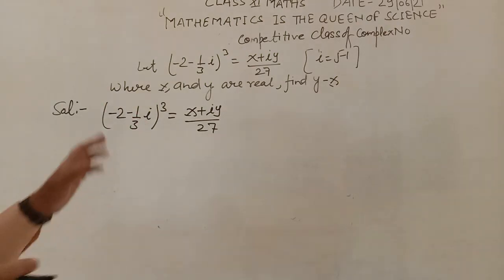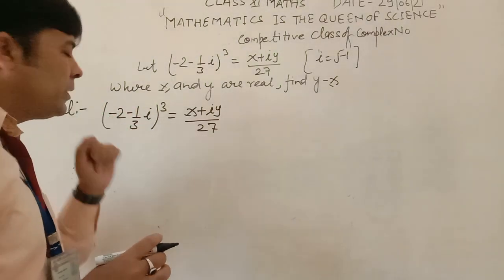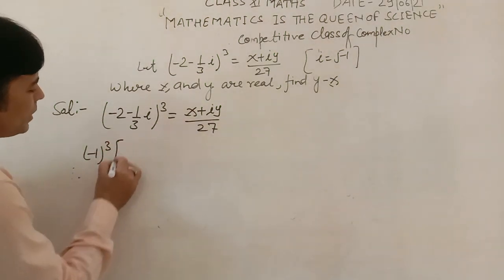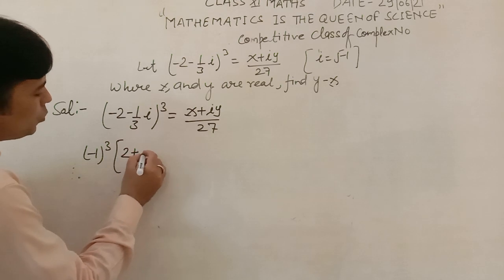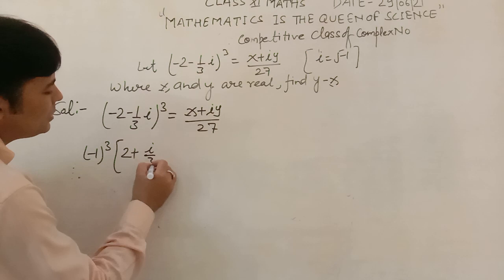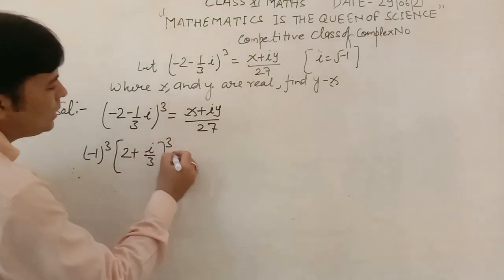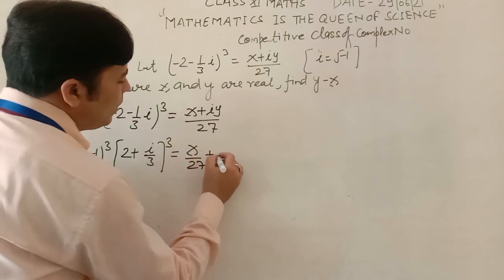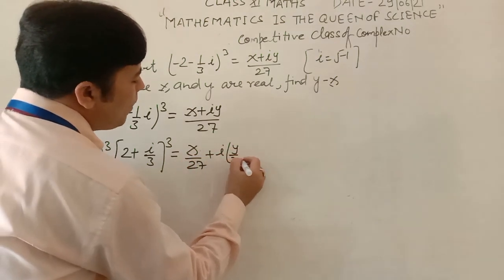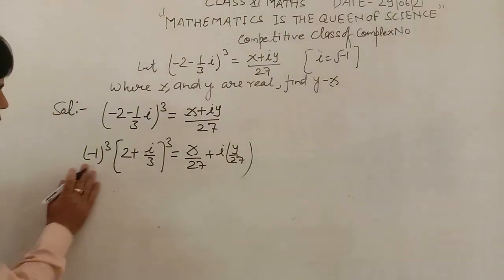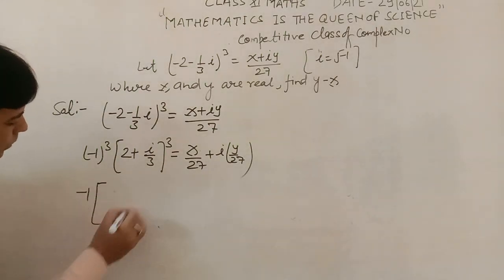If you take minus common from the bracket, you will get (-1) to the power 3, and the bracket becomes (2 + i/3) to the power 3, equal to x/27 + iy/27. Now (-1) to the power 3 gives you -1.